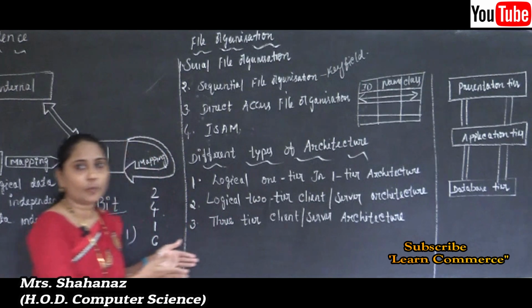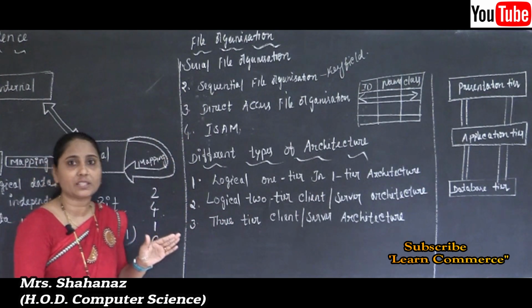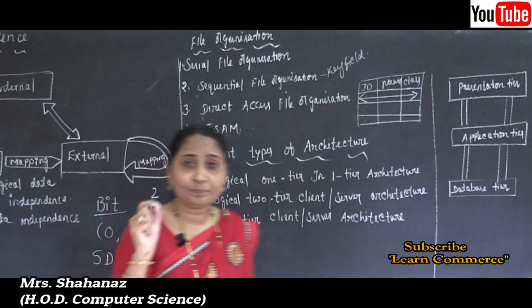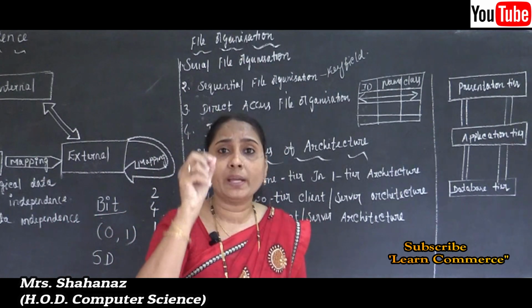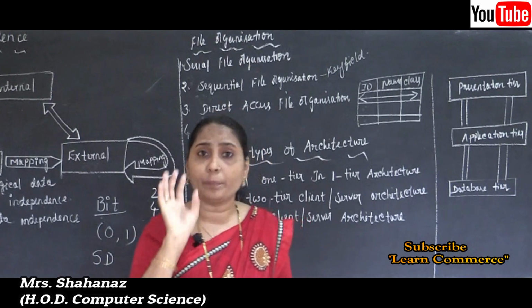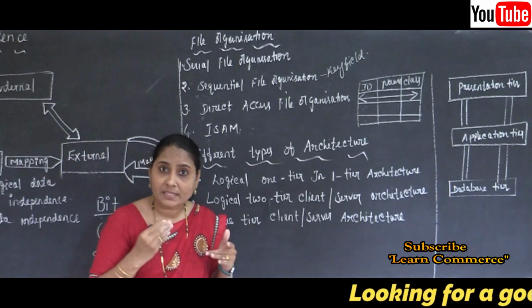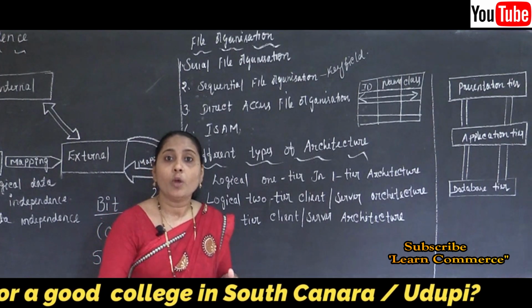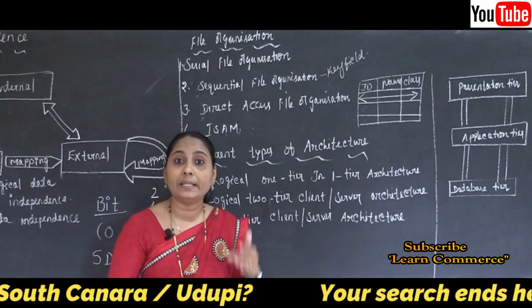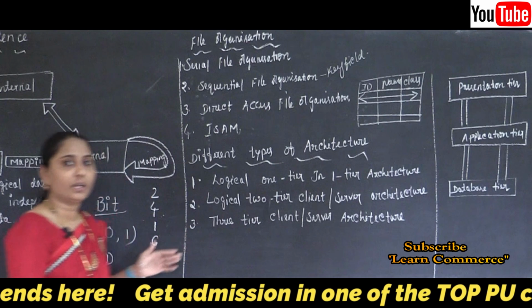Because it is not possible to get any particular record directly by using sequential file organization. We need to read from the beginning, the computer reads from the beginning only. So half of the file has to be searched just to get to the desired record, whatever record you want.